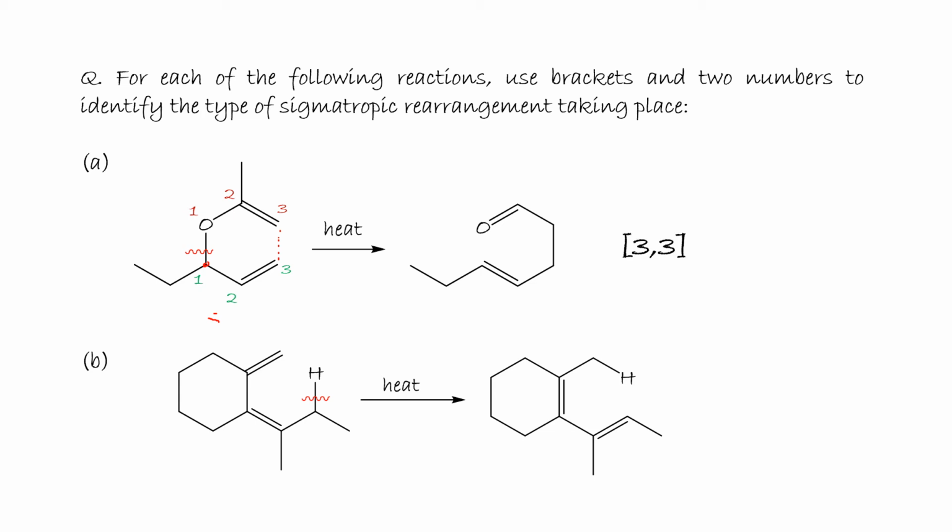This is a [3,3] sigmatropic rearrangement. What about this one? We are breaking in here. Here is 1, right? So 1, 2, 3, 4, 5. Moving hydrogen from 1 to 5. This is a [1,5] sigmatropic rearrangement.